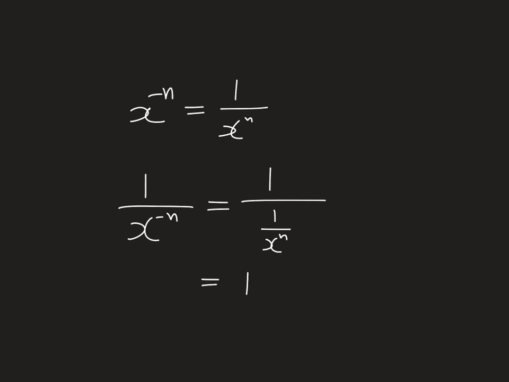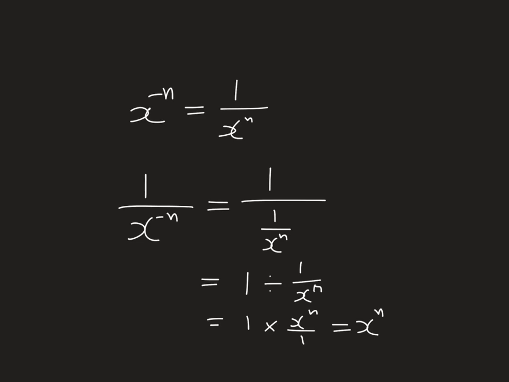Equal to 1 divided by 1 over x to power n. It is equal to 1 times x to power n over 1, which is equal to x to power n. So you can remember this way.